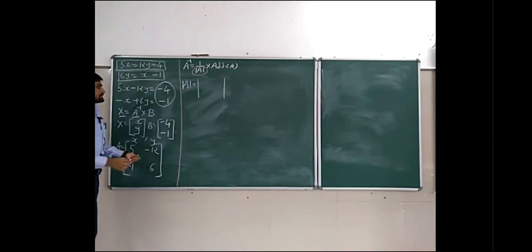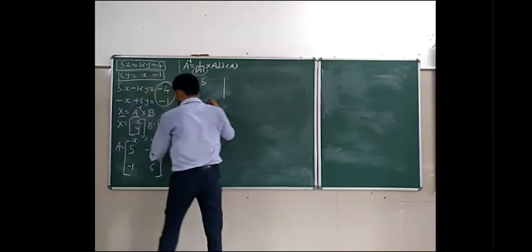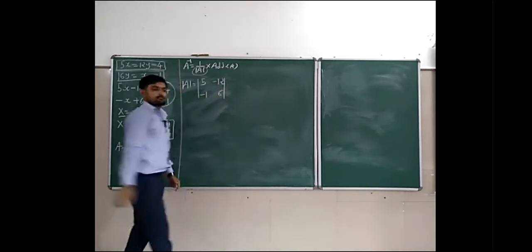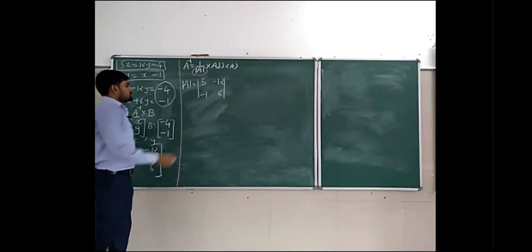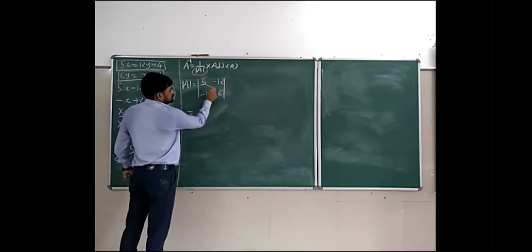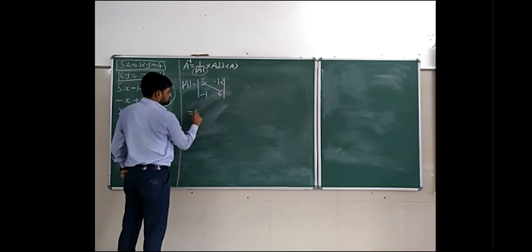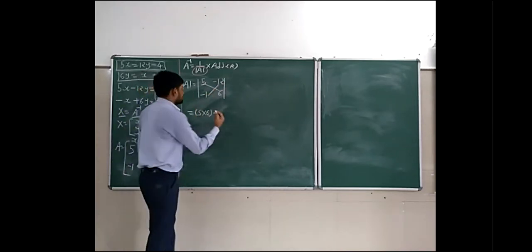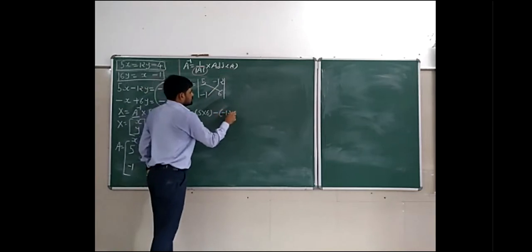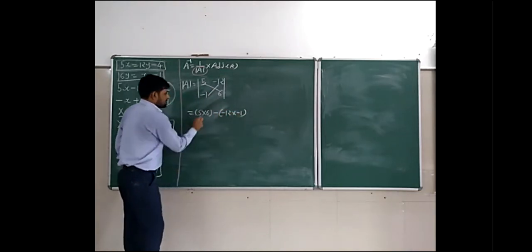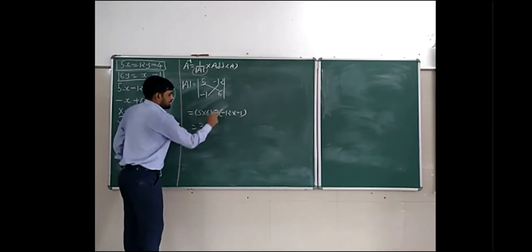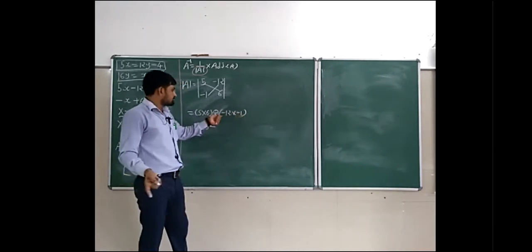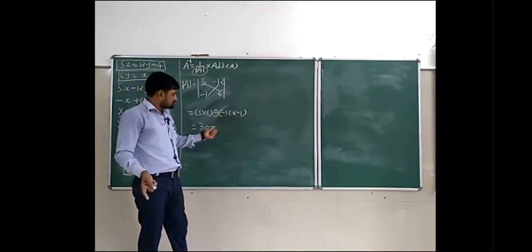What is matrix A? 5, minus 12, minus 1 and 6. Now how can you find the determinant? Multiplication of diagonal, 5 into 6, minus multiplication of non-diagonal, minus 12 into minus 1. So 5 into 6 is 30, minus. Now see, minus minus is plus. This minus sign will not be changed. It is as it is.